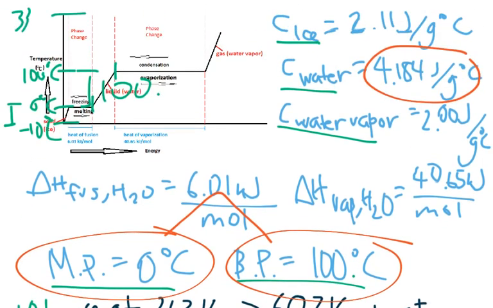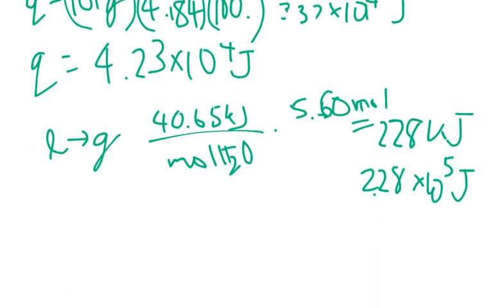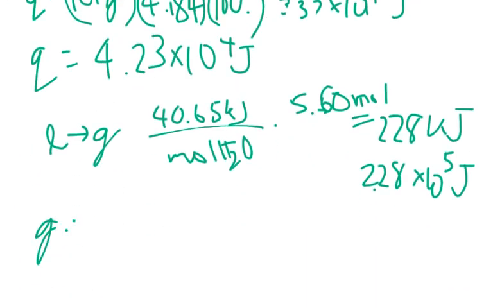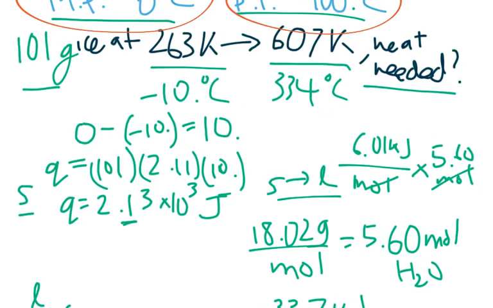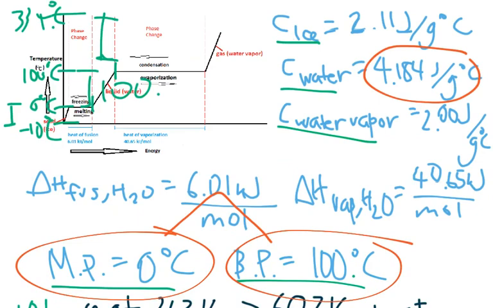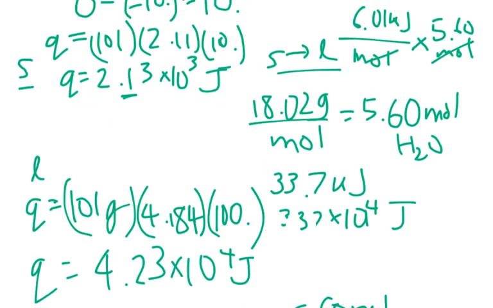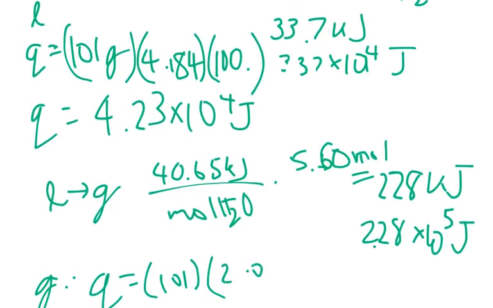So 334 degrees Celsius. And what is the delta T for that? Well, 334 minus 100 is going to be 234. So for the gaseous state, it wants to go Q equals 101 times the specific heat for water vapor, 2.00. So 2.00.